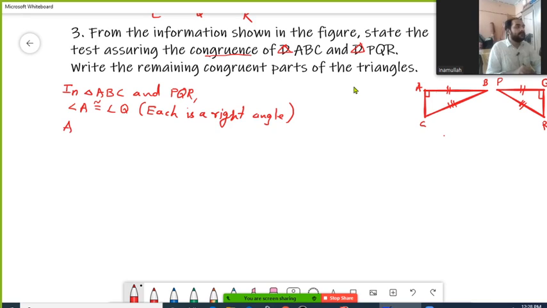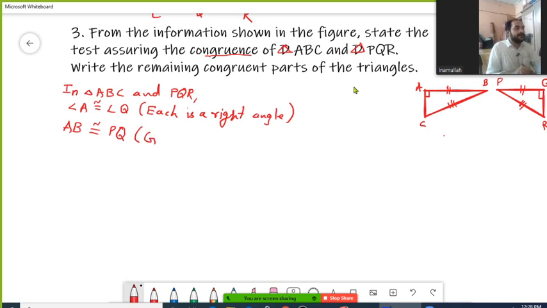Suppose in triangle ABC, I am taking AB. The same identical mark is given on PQ also, which indicates that in triangle ABC, AB, and in triangle PQR, PQ, both are congruent.